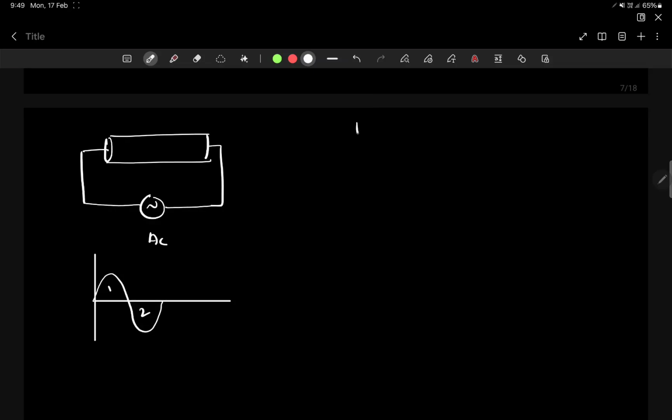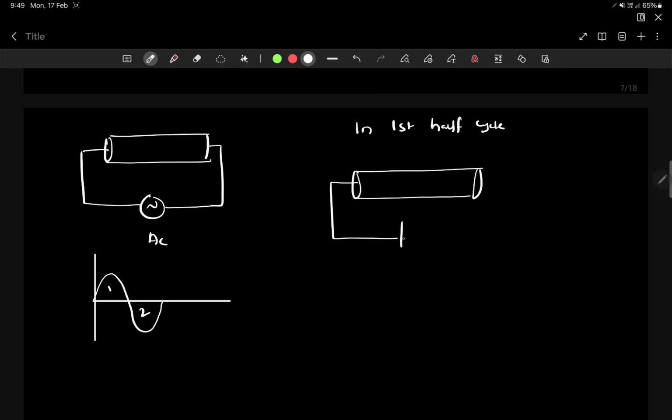Let's think in the first half cycle. Suppose in the AC source in the first half cycle, this side is negative and this side is positive.